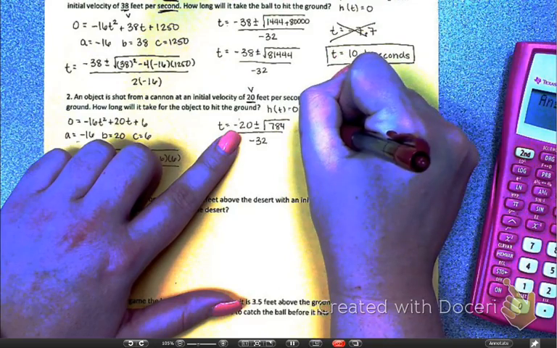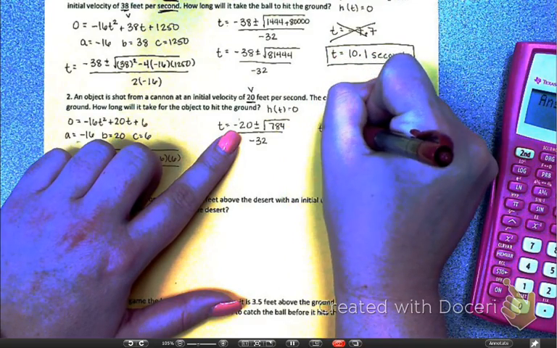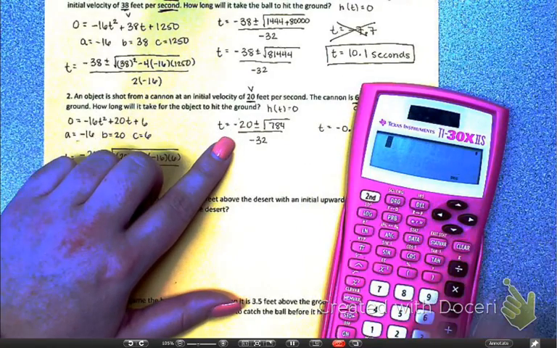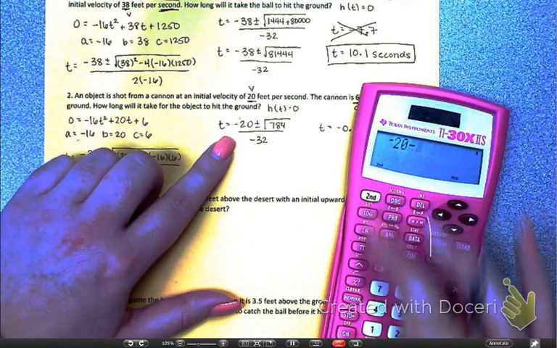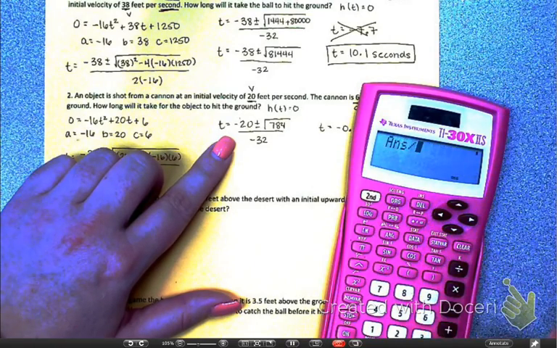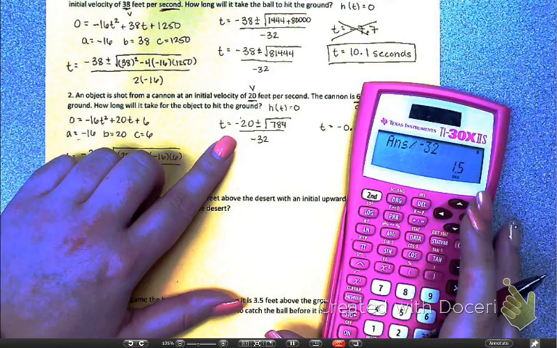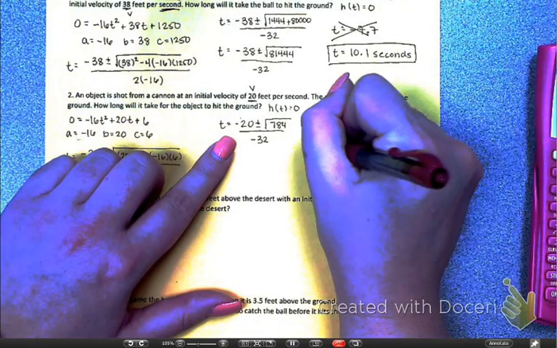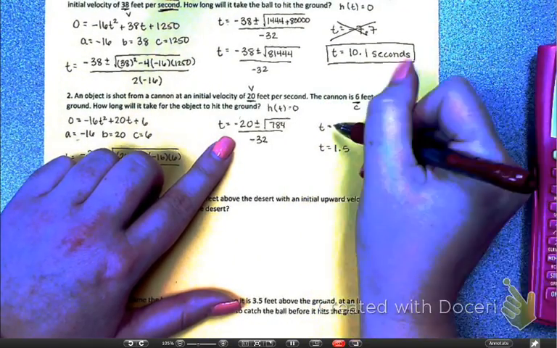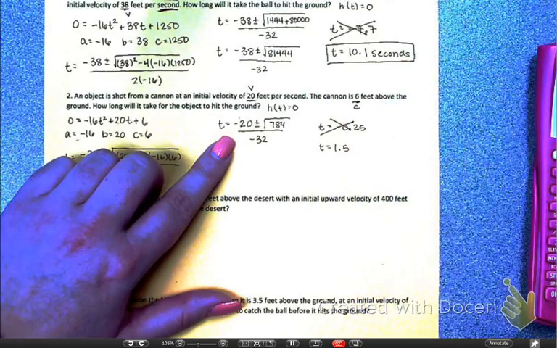And then we're going to do it again with the minus, so negative 20 minus the square root of 784 divided by negative 32. And you should have gotten a positive 1.5. The negative is not going to work for us.